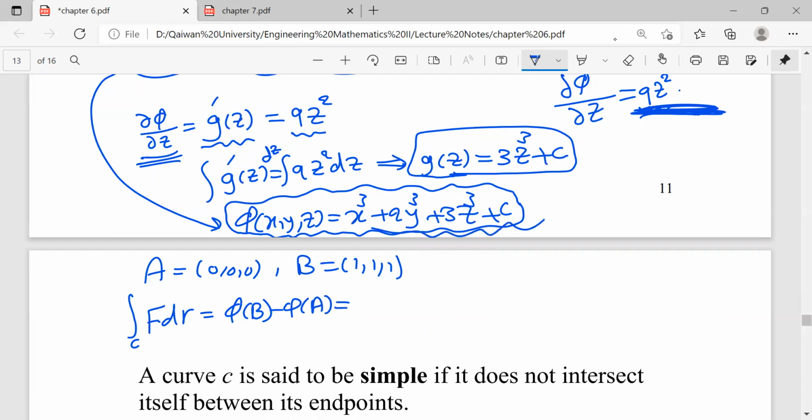If you replace each x, y, z by 1, we get 1 plus 2 plus 3 plus c, minus phi of A. There you replace each x, y, z by 0, because A is 0, 0, 0, and B is 1, 1, 1. That's why we replace each of them by 1 for B, and for A, we replace each by 0.